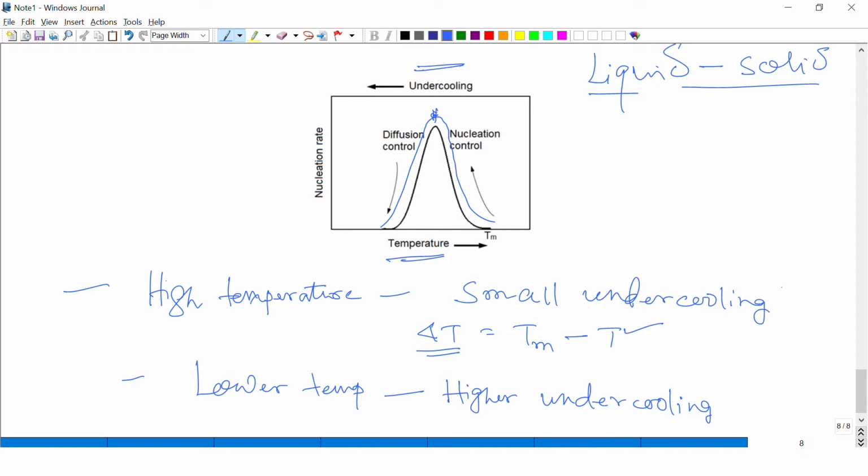So, now we need to understand what is the implication of this on the structure which is going to form in the final solid.